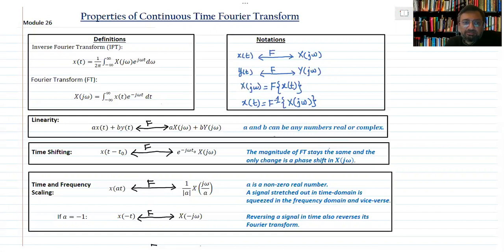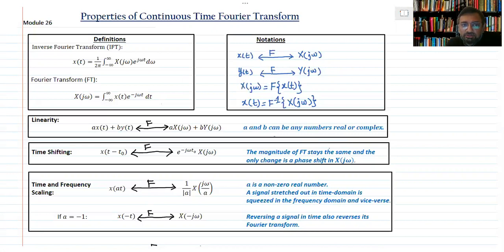The second property that we discuss is the time shifting. When we shift the signal in time, the impact on the Fourier transform is simple. There is no change in the magnitude. The only change we see is in the phase, and the additional phase is also a linear function of omega. We are not going to do a proof of this property because it is easy.